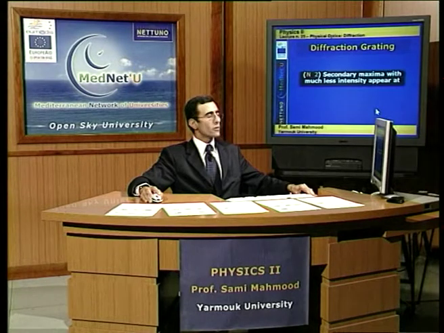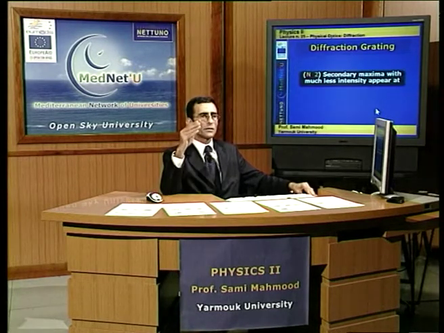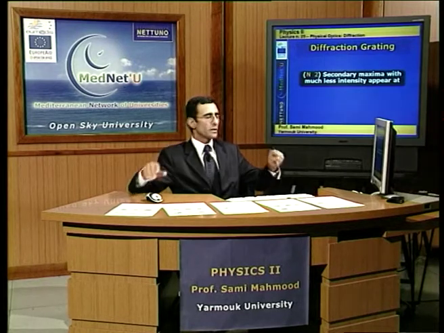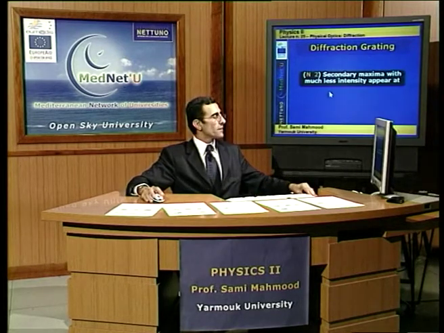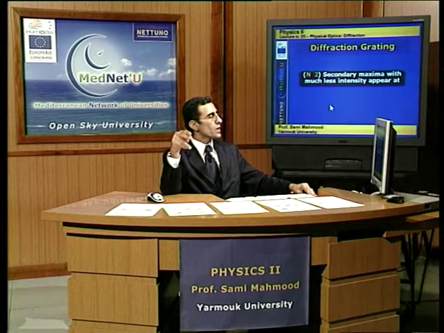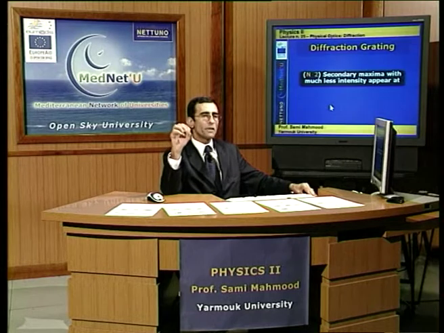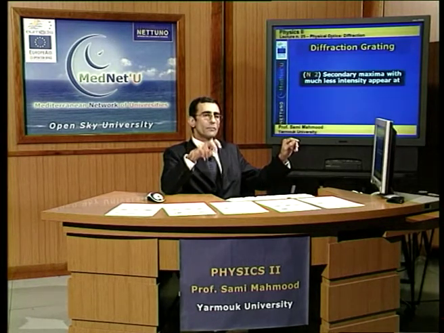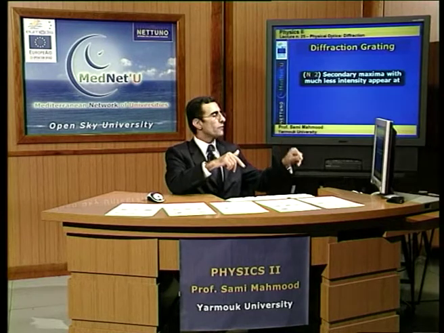So that way we located the principal maxima obtained by the diffraction grating and the minima between each two maxima. Since we have N minus 1 minima between two principal maxima, between each two minima we should have a maximum of intensity.